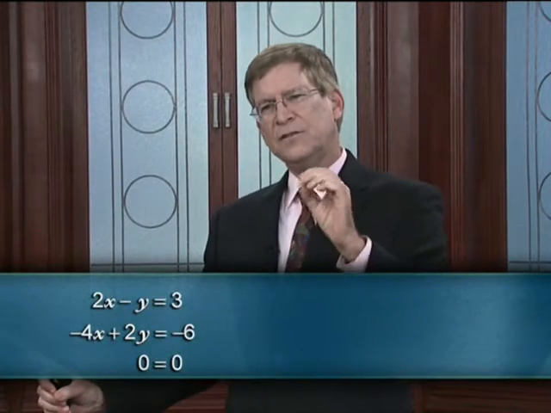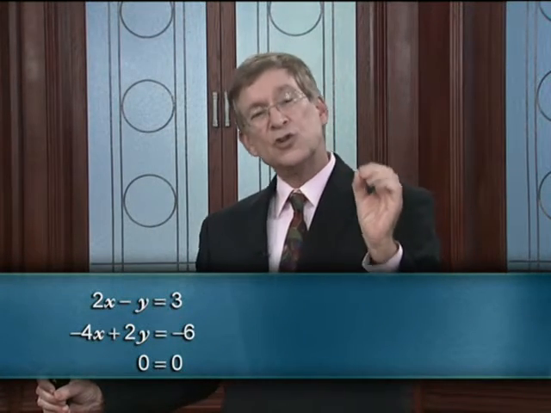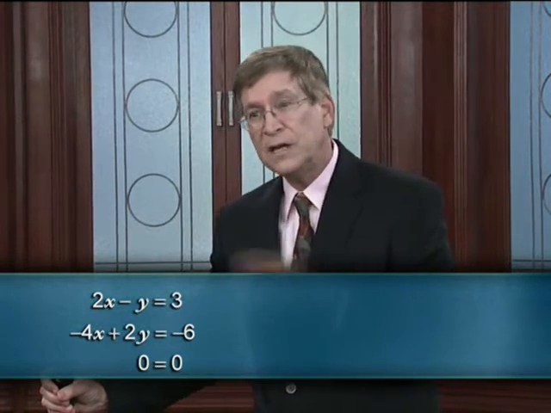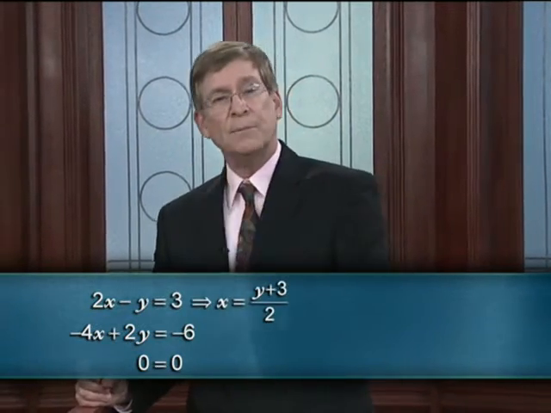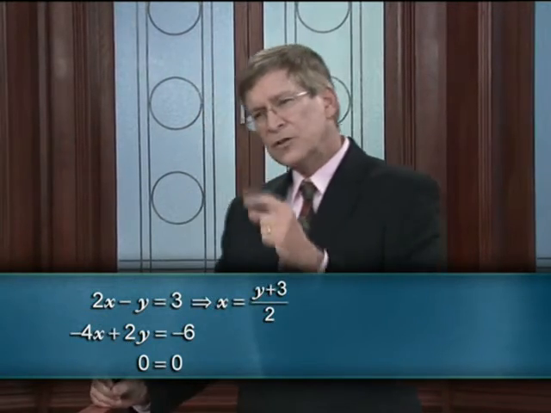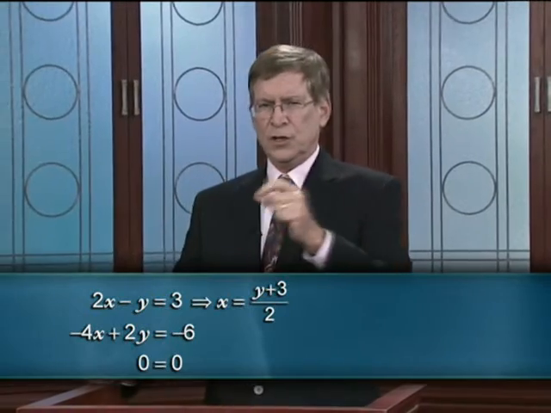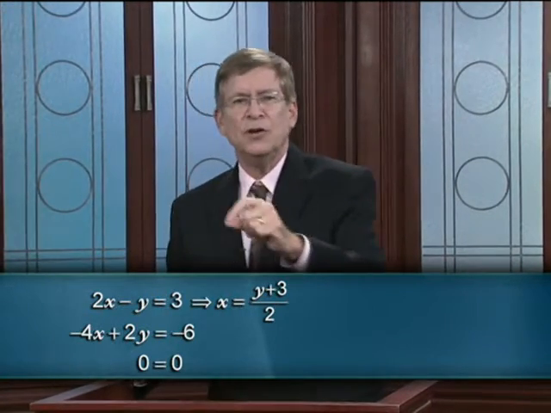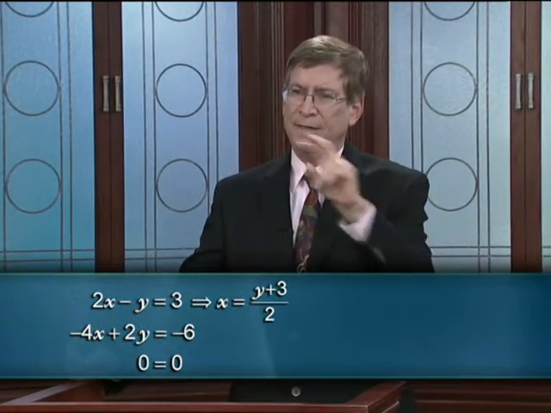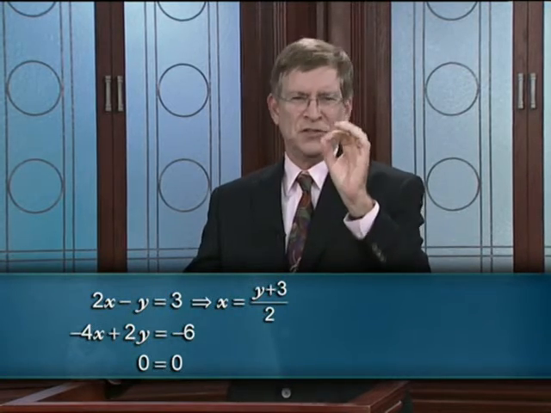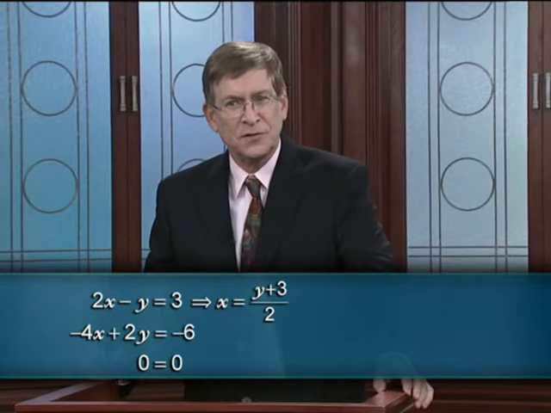They take the x variable and try to get it in terms of y. So 2x equals y plus 3, divide by 2, x is (y plus 3) over 2. For any y value, you plug that in, and that generates an x value, and that xy pair is a solution to the original system.